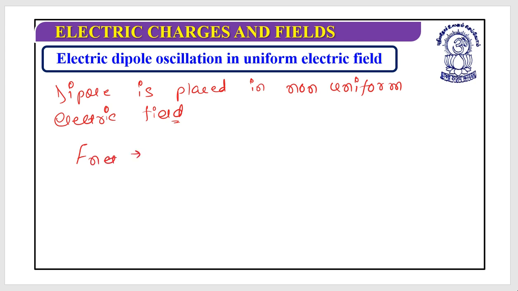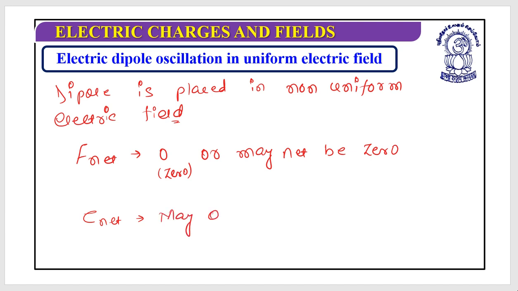F net could be 0 or may not be 0. It could be anything. What about the torque? Even the same thing. It may or may not be 0.